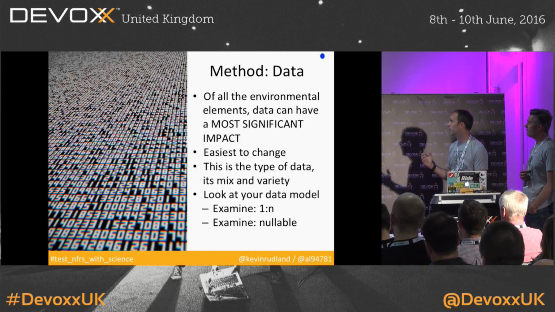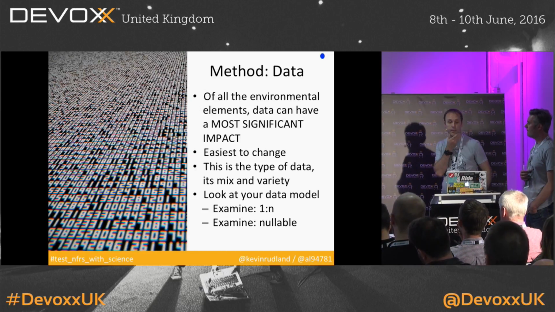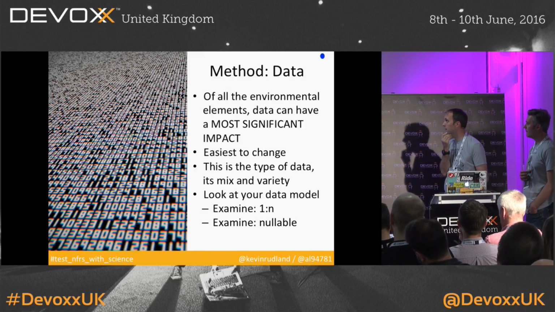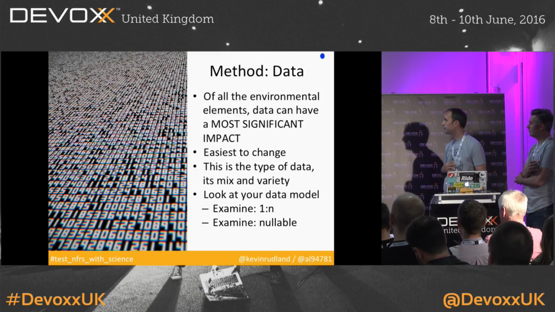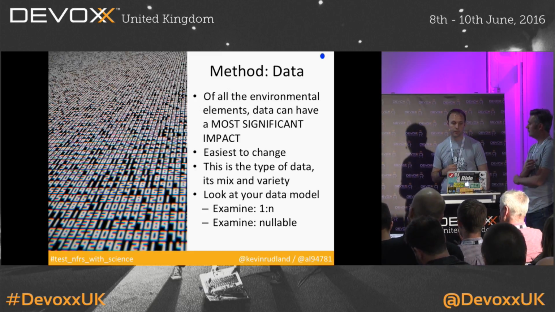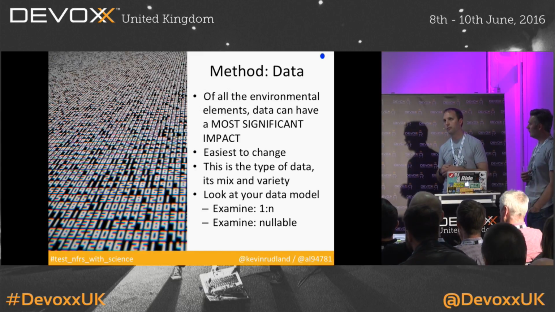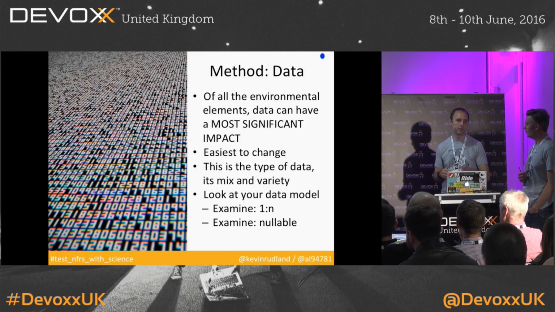But one of the biggest things we can play with to some extent that has a massive effect on your tests is data. It's probably the easiest to change. A naive test would be, I'm going to throw 100 customer requests per second at this particular service, but not every customer request would be the same in real life.